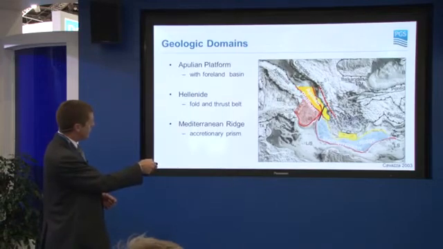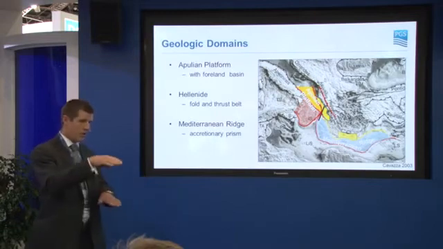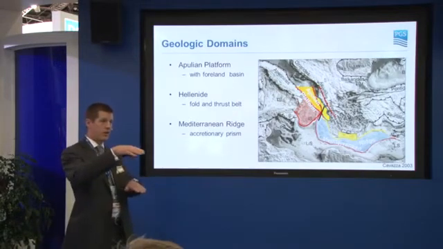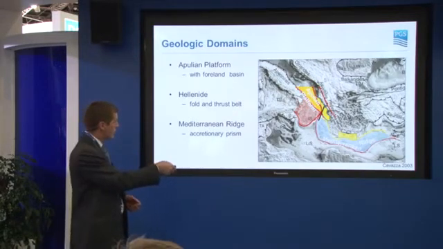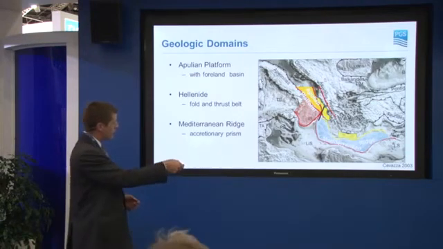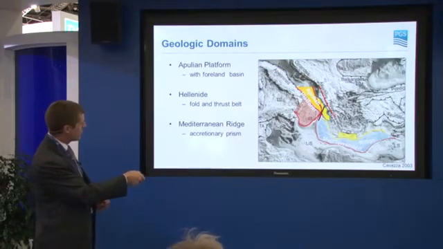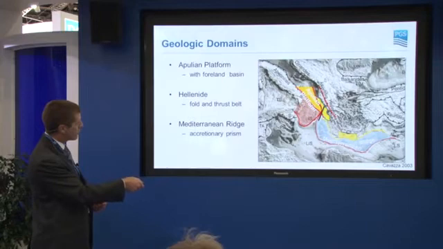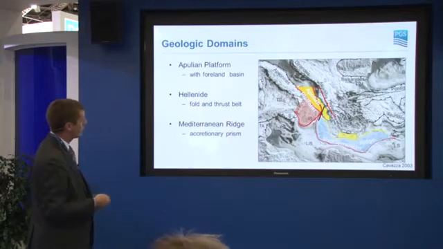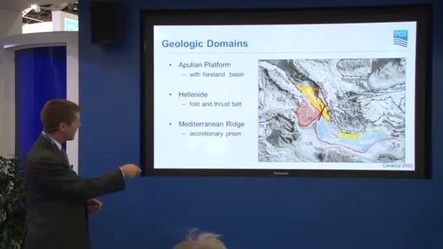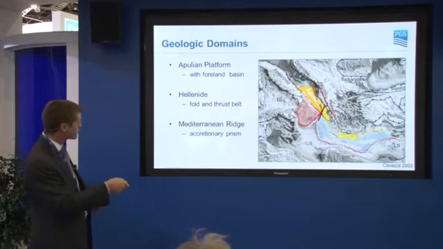The current coastline represents the major uplifted inverted Hellenide activity. So it's a combination of the Ionian and the pre-Apulian, and then further to the east is the Gavrovo and Pindus. And the geologic domains that are represented in the offshore in this area are the Apulian platform, which extends up into the Adriatic and in Italy, and there are existing plays up here.